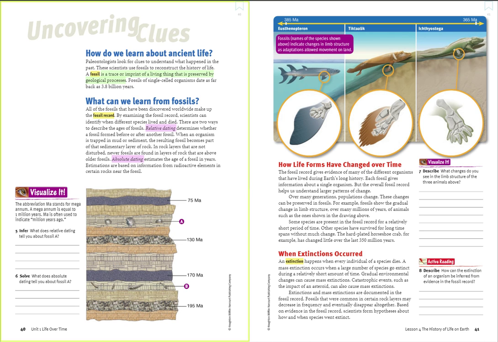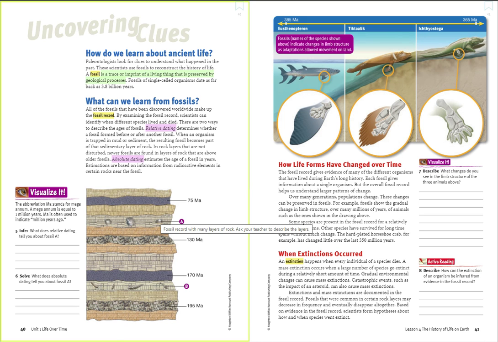Paleontologists look for clues to understand what happened in the past. These scientists use fossils to reconstruct the history of life. And a fossil, as we said before, is a trace or imprint of a living thing that is preserved by geological processes. That was the first question, and it leads to the next one, the fossil record.